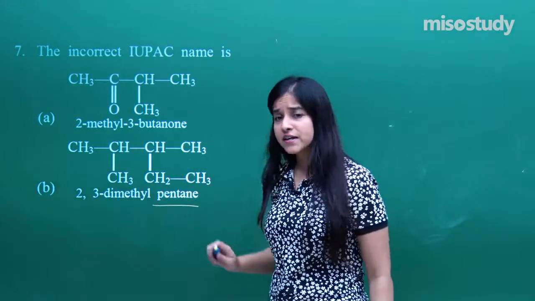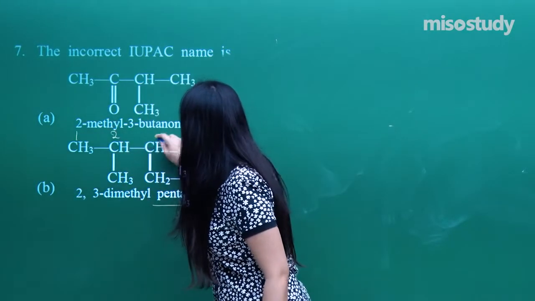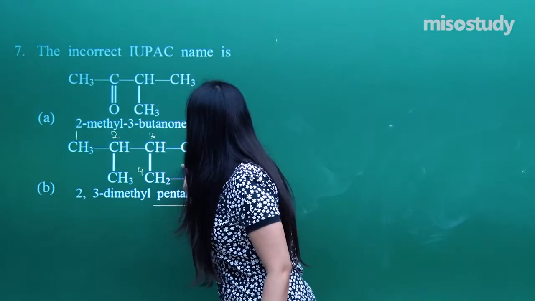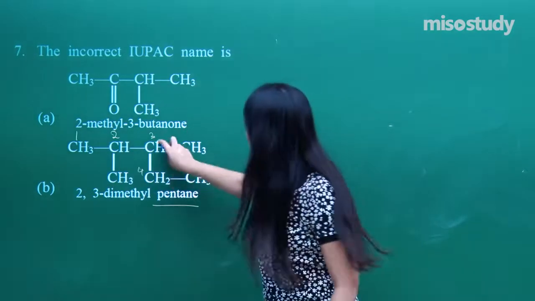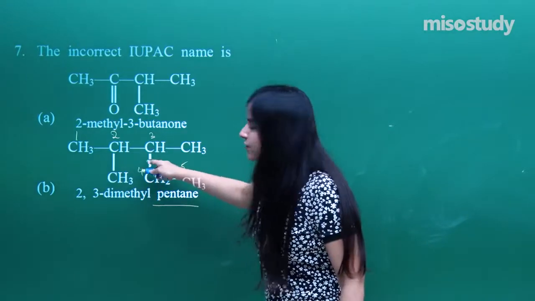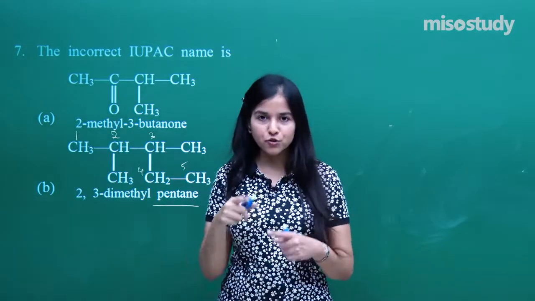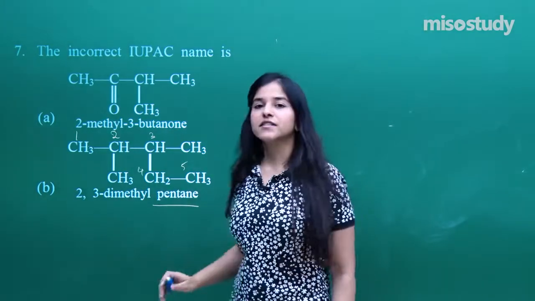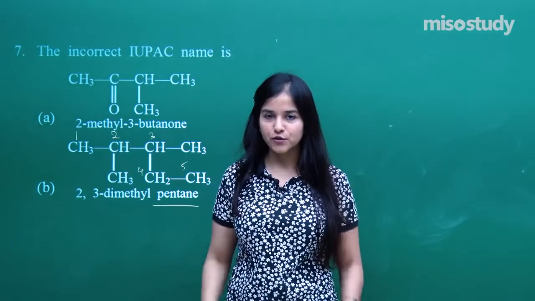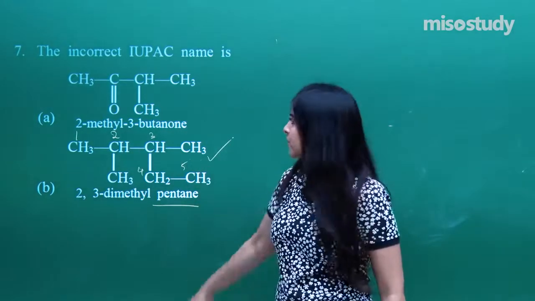Is this correct? If I try numbering from this side, 1, 2, 3, 4 and 5, on the third it's methyl, on the second as well it's methyl. So they have given the lowest possible numbers to the substituents, as well as assigned a proper word root to the chain. I hope you all have got it, that this answer is also correct.